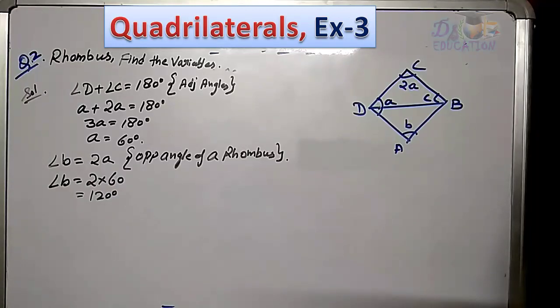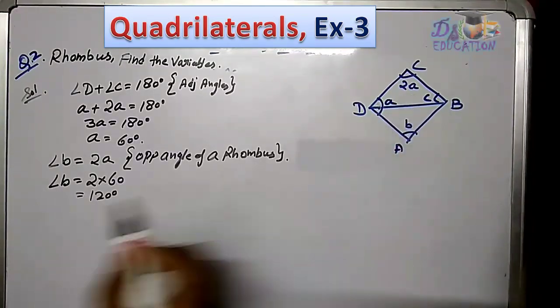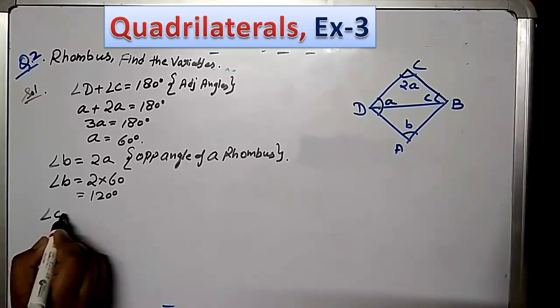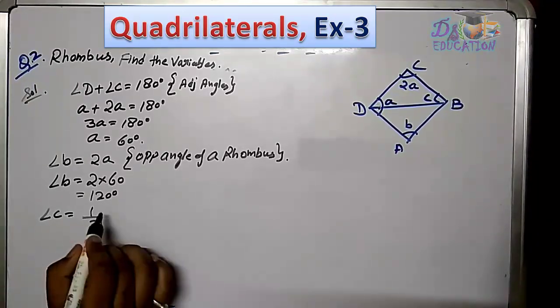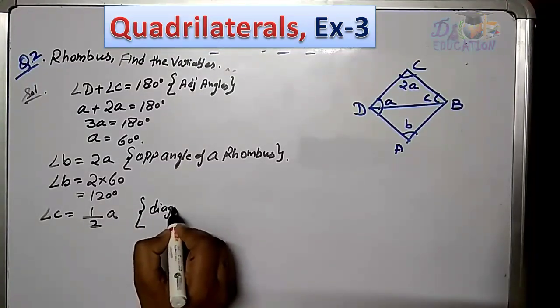Now the question comes for angle C. If I talk about angle C, then what will happen? Angle C is half of angle A. We know that diagonals bisect the angles, which we have studied in the previous lecture of summary of quadrilaterals. The diagonal bisects the angle into two equal parts, that is angle C will be half of angle A. Why?